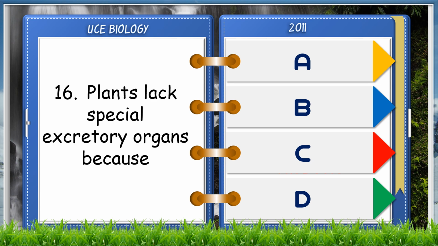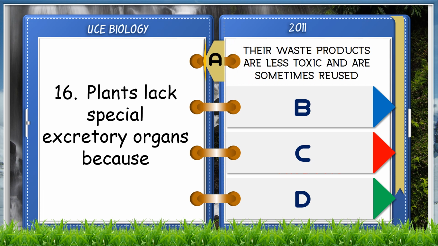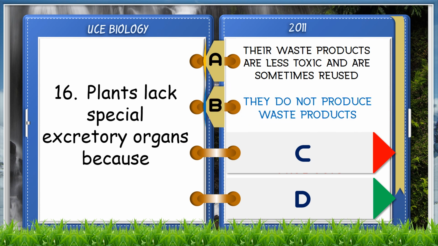Plants lack special excretory organs because A. Their waste products are less toxic and are sometimes reused. B. They do not produce waste products.